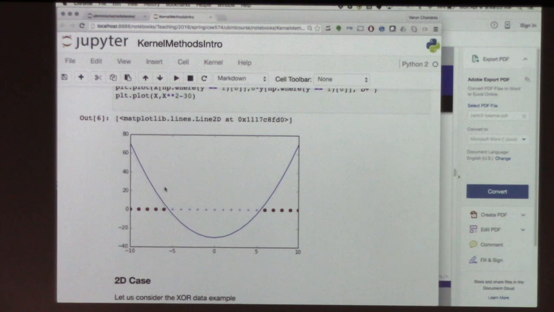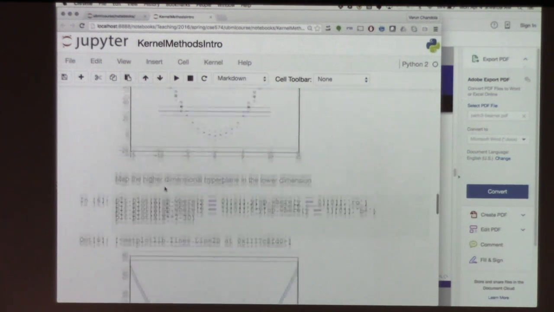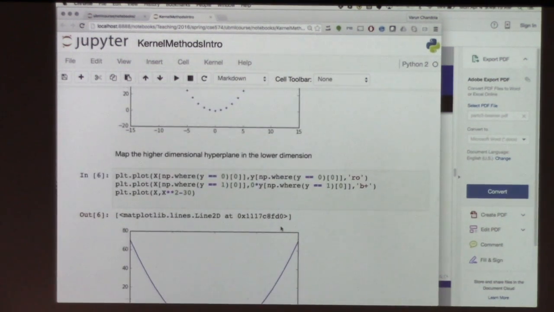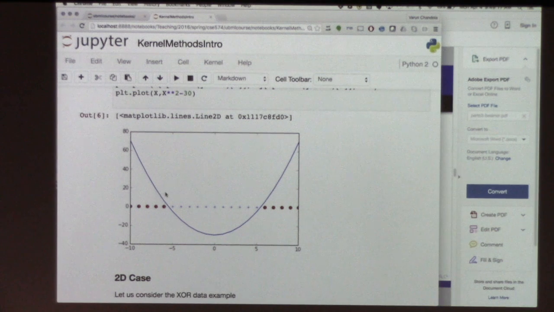Because in your original lower order space it was not possible to draw a line, and then when you go into higher order space, there the data is indeed linearly separable, so you can draw a line. And then when you bring it back, because the raw data was in one dimensional space, the line becomes a curve, right? So behind this kernel mapping, you go into higher dimensional space where you can draw a line, then you bring it back.